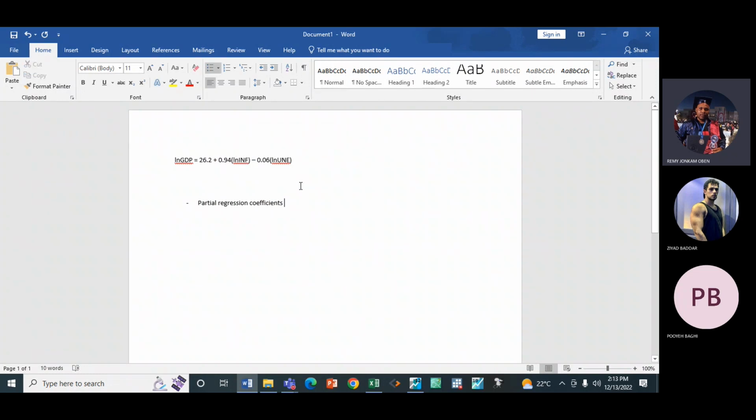So if that is the case, how do we interpret this? I want to interpret how this inflation affects GDP. So what I'll write here is that a 1% increase in inflation will cause a 0.94% increase in GDP on average.